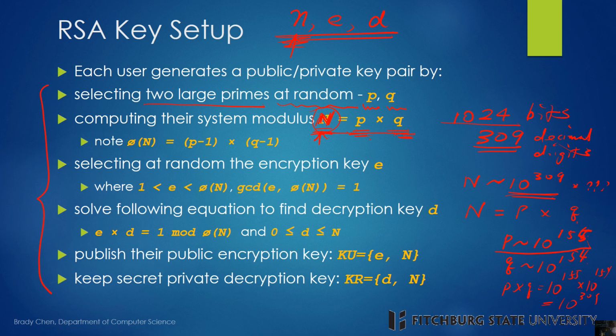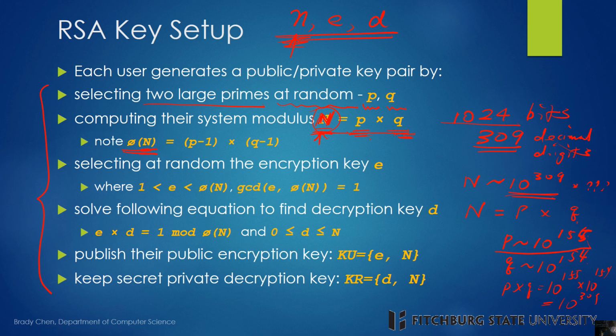Remember, if we try to calculate the Euler's totient function of n, it's very, very difficult. It's practically impossible, because remember the definition of phi of n, the Euler's totient number.